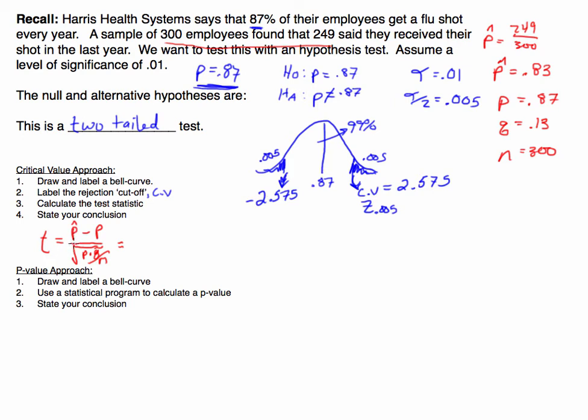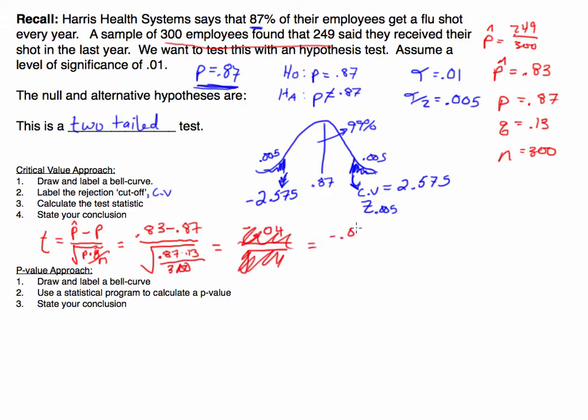P hat minus p, this is going to be 0.83 minus 0.87. Then we're going to divide by the square root of p times q, the regular p and q, because these were the population, not the sample, so 0.87 times 0.13 divided by n, which in this case was 300.